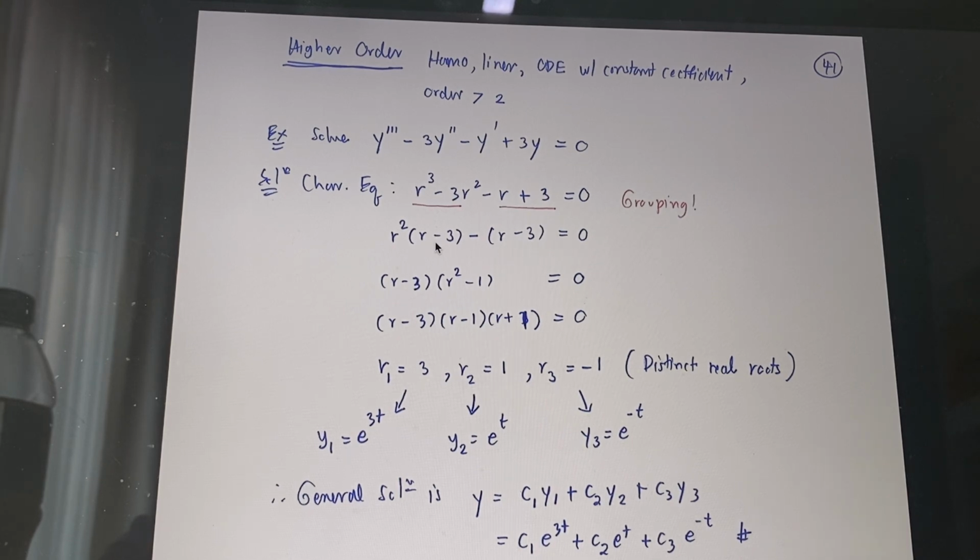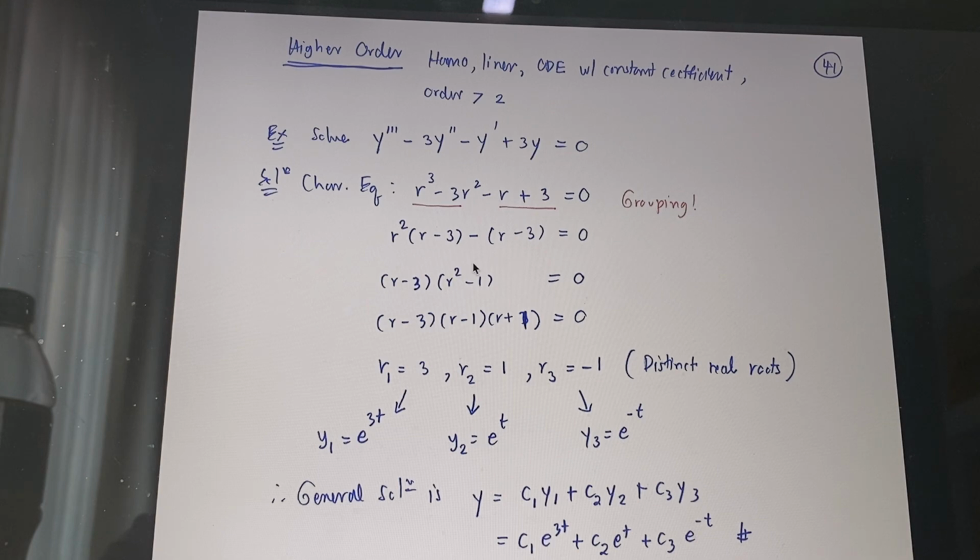And then these two terms have common factor r minus 3, you factor r minus 3 out. You have r squared from the first term and just minus 1 from the second term. So you get r minus 3 times r squared minus 1.